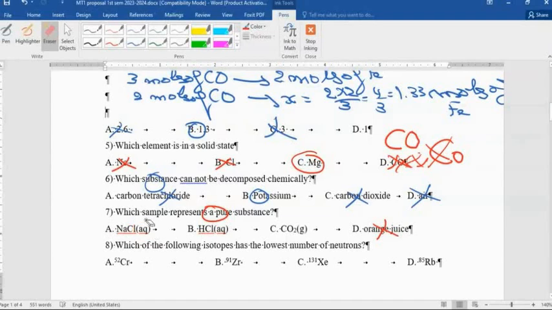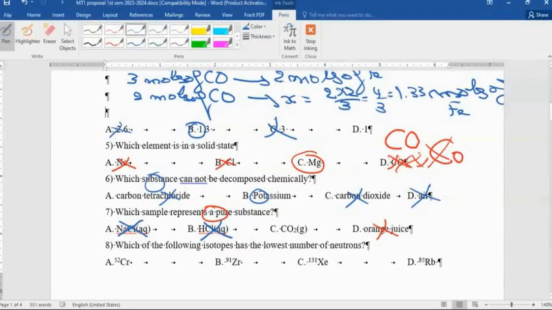So this one is a mixture because it is in solution. We have seen this in the practical in chapter number 4, and also in the definition in chapter number 1: a solution is an example of a homogeneous mixture. The same for hydrochloric acid in the practical; it is also aqueous, so this one is a mixture, not a pure substance.